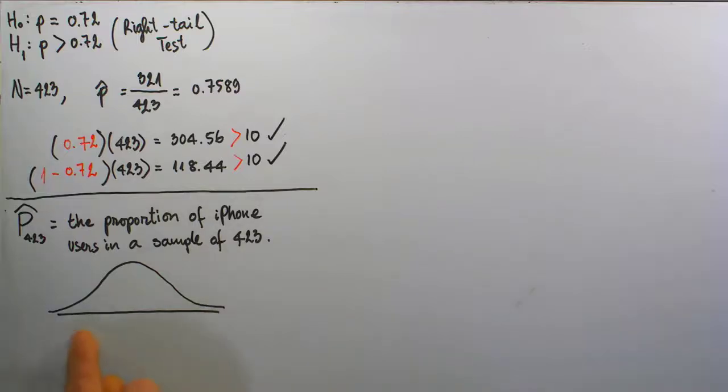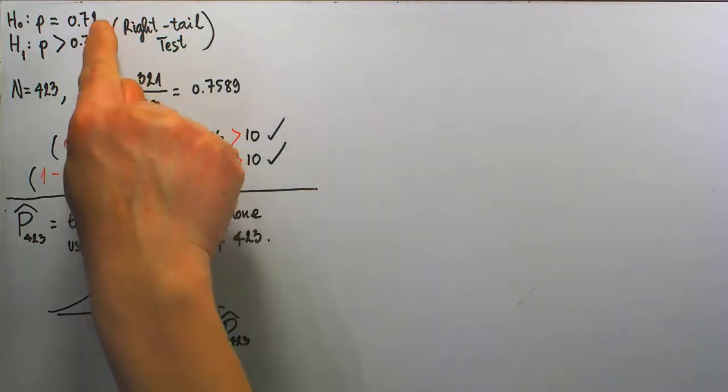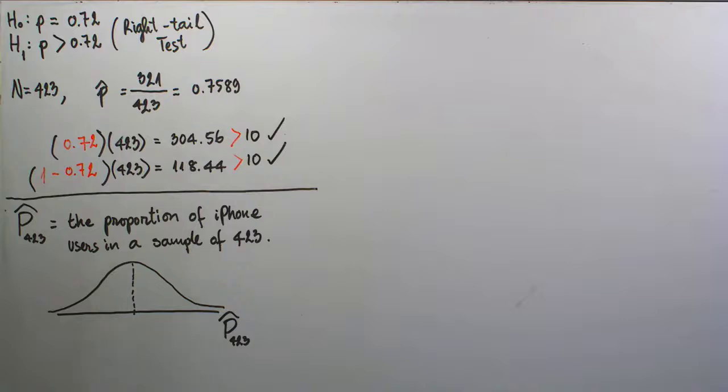So any value on this line here is a sample proportion at size 423. The center of this bell curve now will be the value that's stated in the null hypothesis. So in this way, the center of this bell curve will consequently be 0.72.